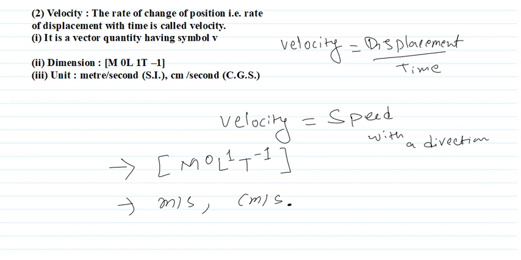Okay, next we will discuss the types of speed, like uniform speed and non-uniform speed, and also the types of velocity, that is uniform velocity and non-uniform velocity, and instantaneous speed and instantaneous velocity.